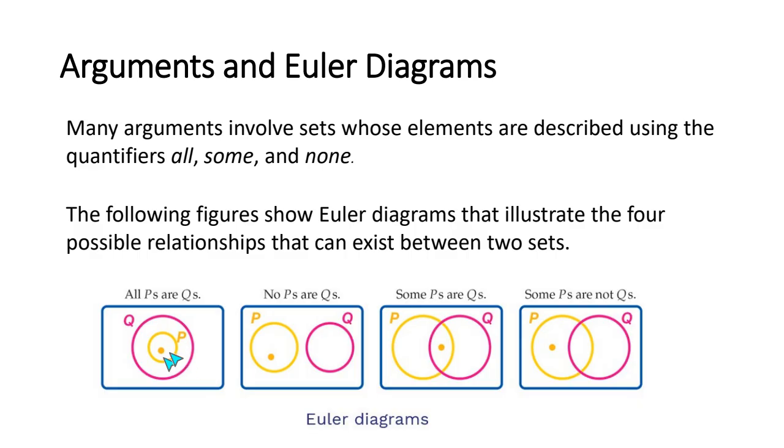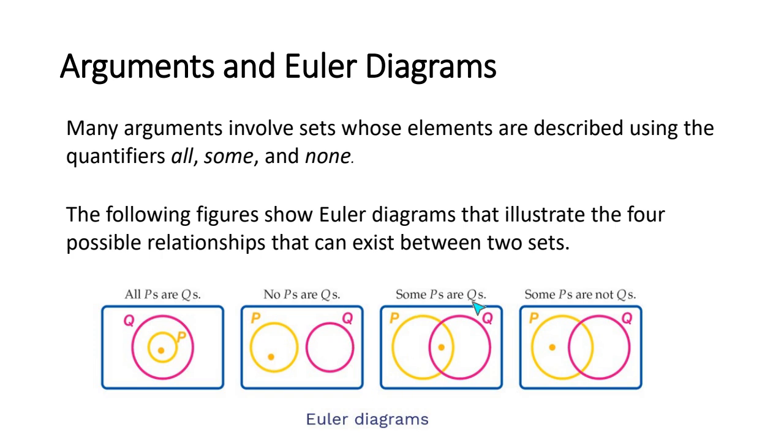In this argument, all p's are q's, because all the p's are inside of the q circle. In the second one, no p's are q's, and notice that the 2 circles are disjoint. They're not touching each other, and so none of the p's belong in the q's.